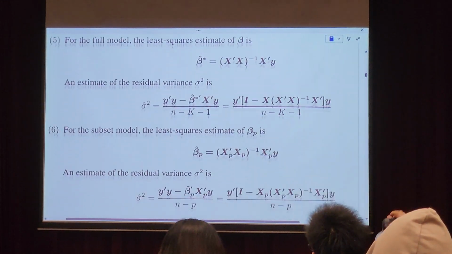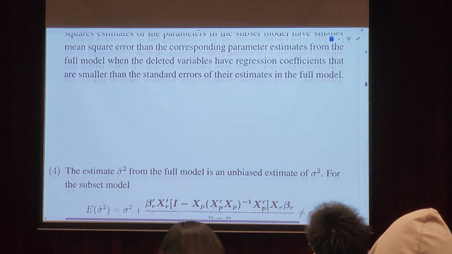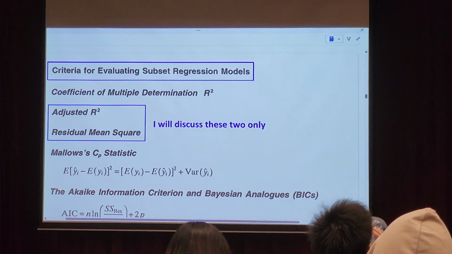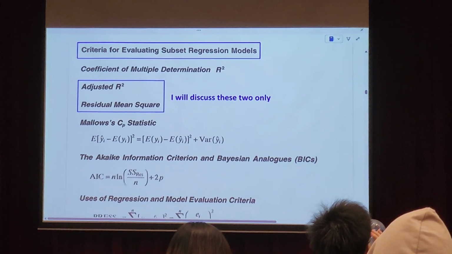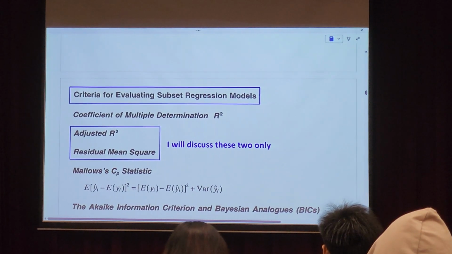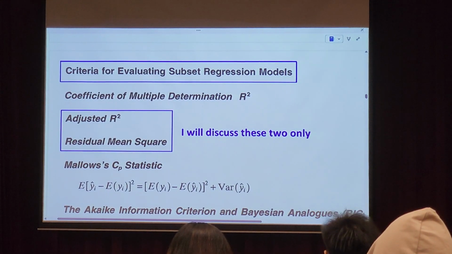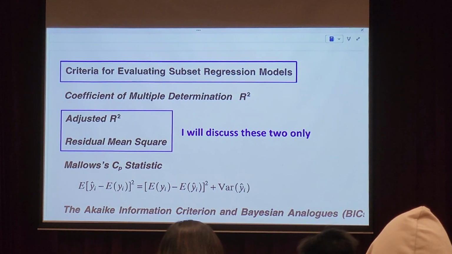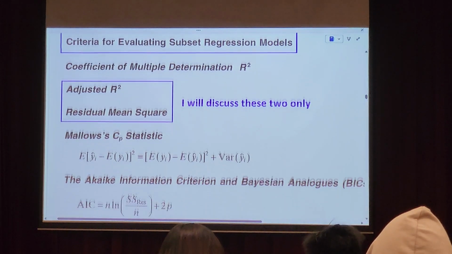So let's go to the criteria for subset selection. Well, there are a number of possibilities, but I think the most commonly used ones are adjusted R squared and the residue mean square. You can also consider other statistics.